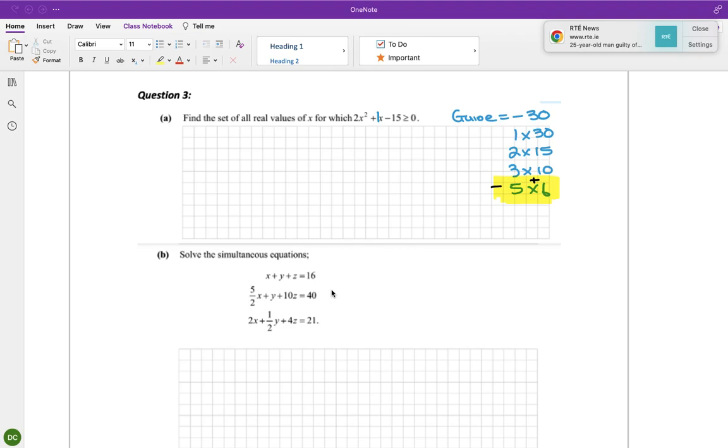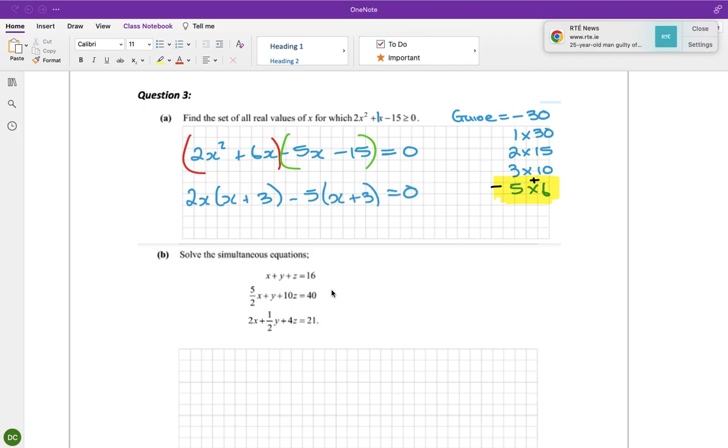So that is 2x squared plus 6x minus 5x minus 15 equals 0. I will deal with the inequality in a second. Pair it up. So I get 2x and x plus 3, and I get minus 5 and x plus 3. So that is 2x minus 5 and x plus 3.